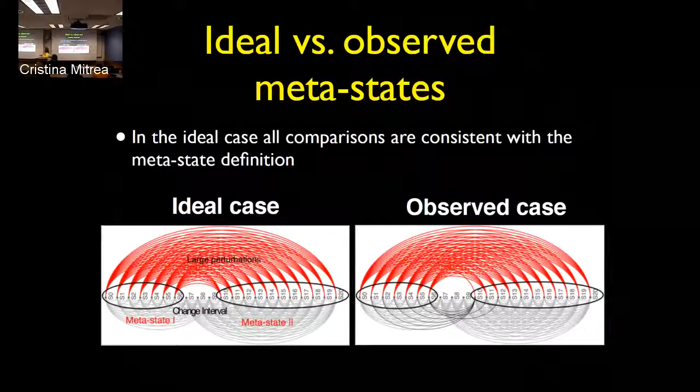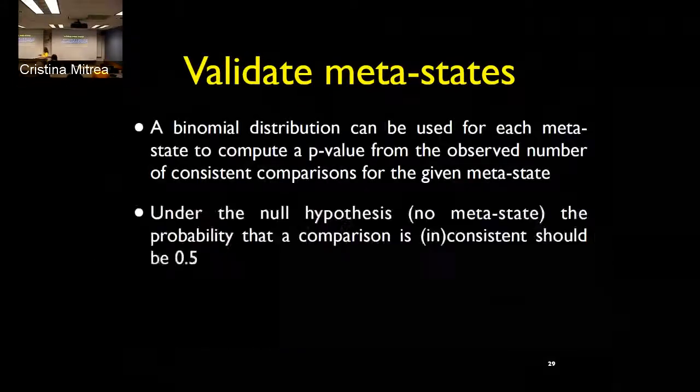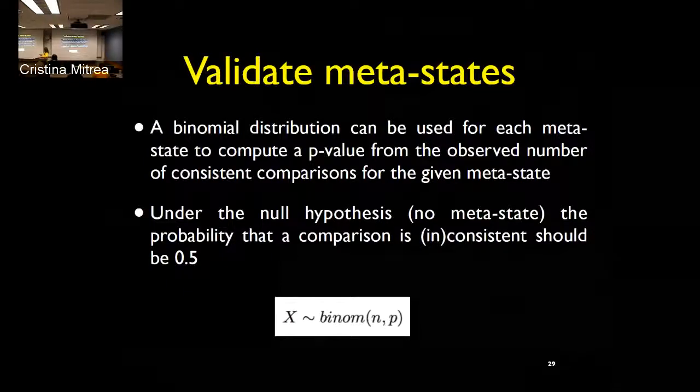So the number of consistent and inconsistent states, under the null hypothesis, when there is no metastate, should follow a binomial distribution. We did a test to get the p-value and to identify if those are real metastates.